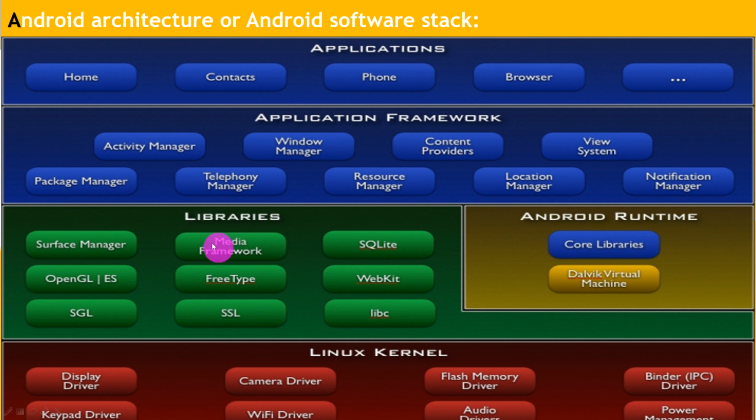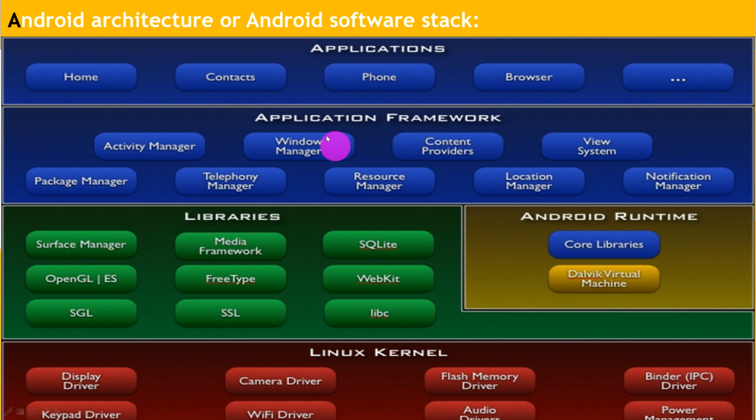Libraries contain OpenGL, SGL, SSL, FreeType, WebKit, libc, SQLite. All these libraries are written in C or C++ language. Then Android runtime contains core libraries and the Dalvik virtual machine, DVM, which is similar to the Java virtual machine, which actually runs your programming code or app.